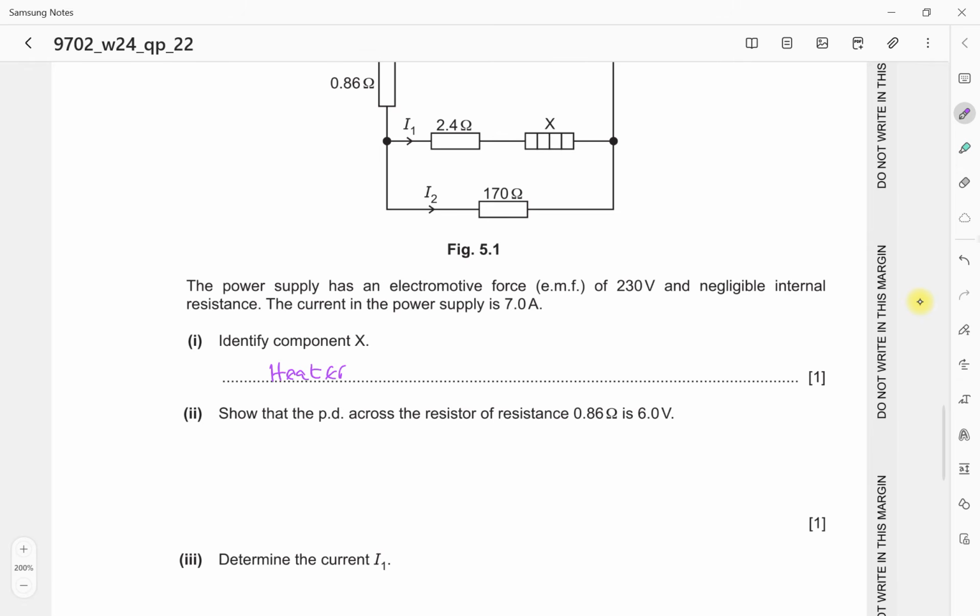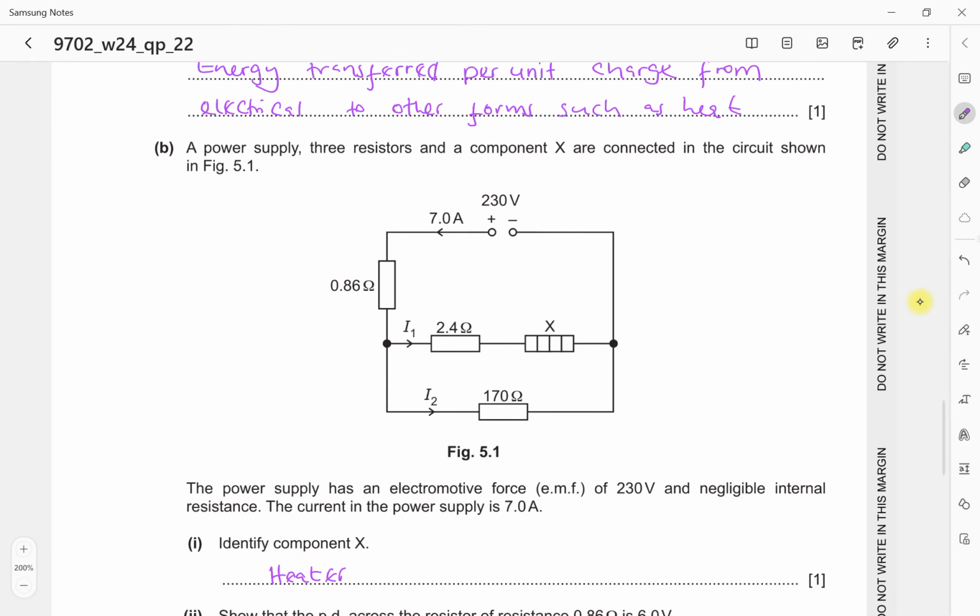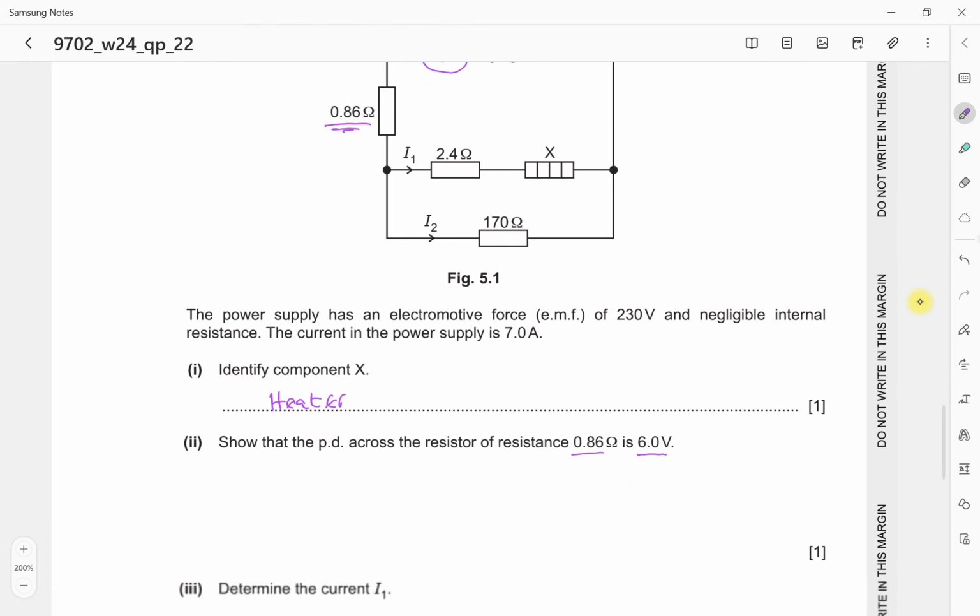Show that the PD across the resistor of resistance 0.86 is 6 volts. Okay, so we have the current and we have the EMF. We have the current which is going through this, so I can find the PD directly.